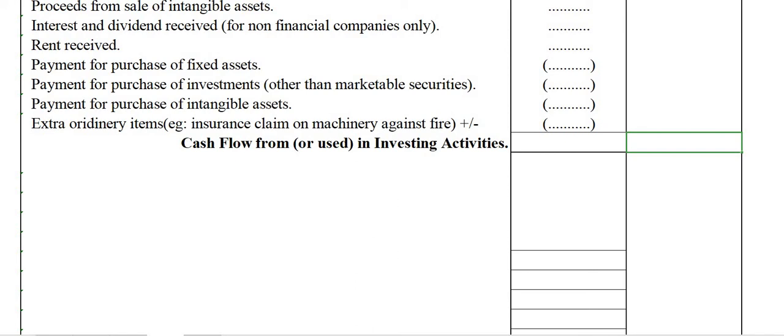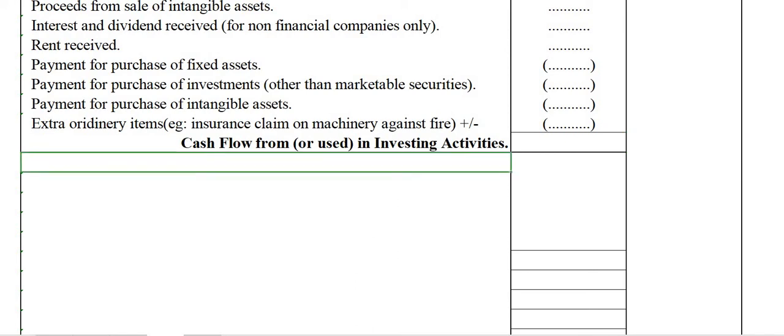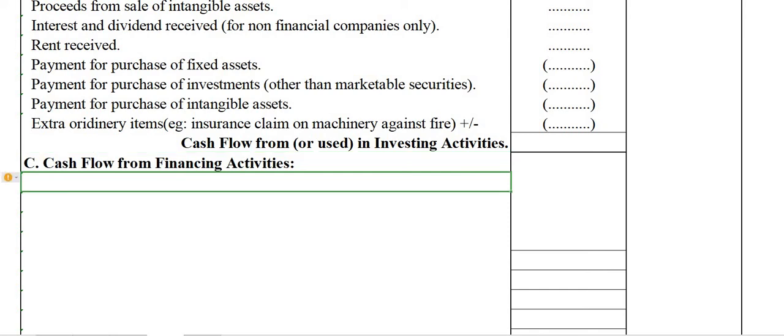Now let us discuss the third activity, what it is: cash flow from financing activities. Here we will be discussing activities related to finance. So the purchase or sale of financial instruments will be mentioned, and all the income from financial instruments or all the expenses related to financial instruments will be mentioned here. Okay.